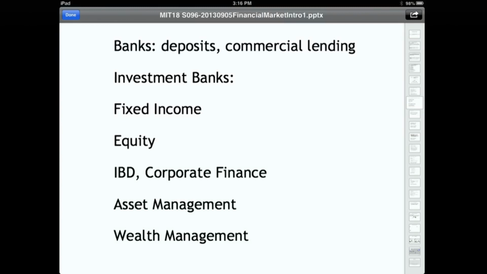So, Vasily just mentioned he works in fixed income, right? Banks are typically organized by institutional business and asset management.